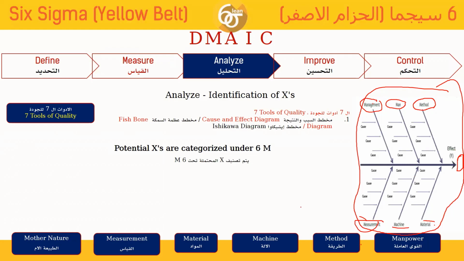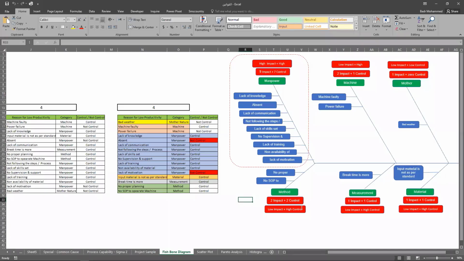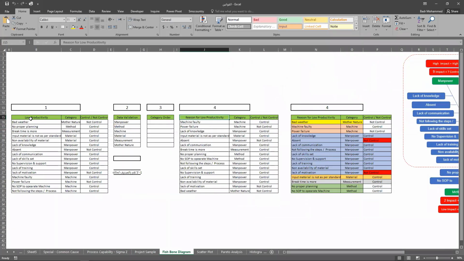Let us take this sample. We have one example here. We have this Y, which is low productivity. Okay, guys, we have low productivity in this company or factory or whatever. We did brainstorming and came up with these potential X's. There are 16 X's here.